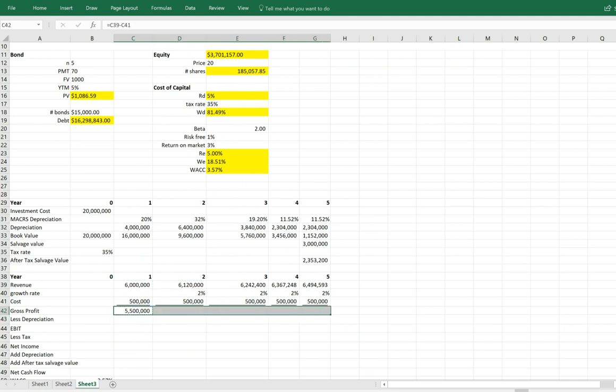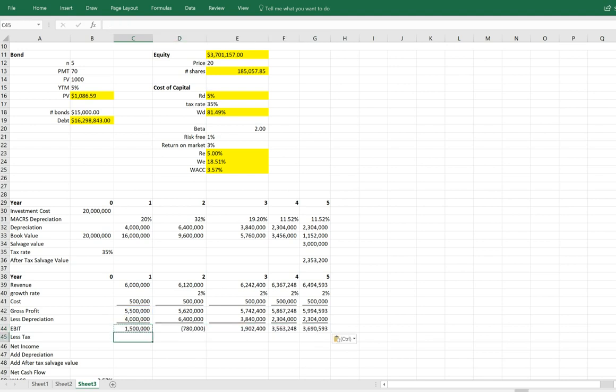Now we take out the depreciation, which we already calculated. Gross profit less depreciation gives your earnings before interest and taxes, the EBIT. Now we're going to take out the tax. Remember that there is no interest expense here, so we take the tax on earnings before tax.